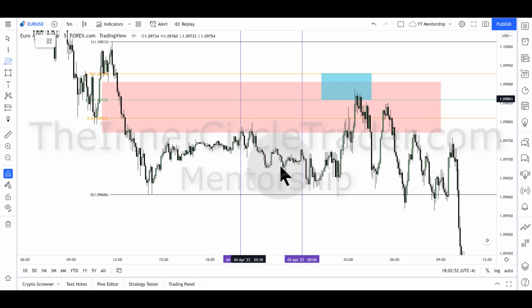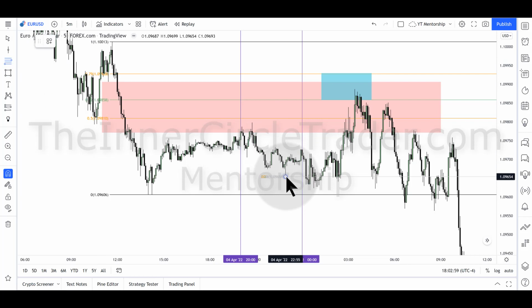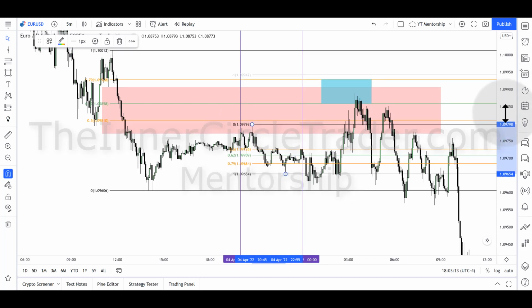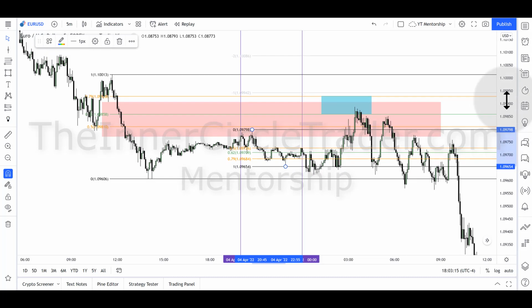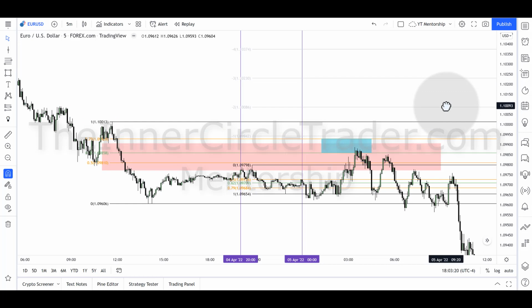But we have the Asian range here, and I'm going to show you standard deviation here. I'm going to do both on the wicks and tails. That's the largest range that's been utilized for Asian range. And I know it looks busy right now, but I promise it'll make a whole lot more sense in a second. Once you do this a few times, you'll know what you're looking for, and it's not that big of a deal.